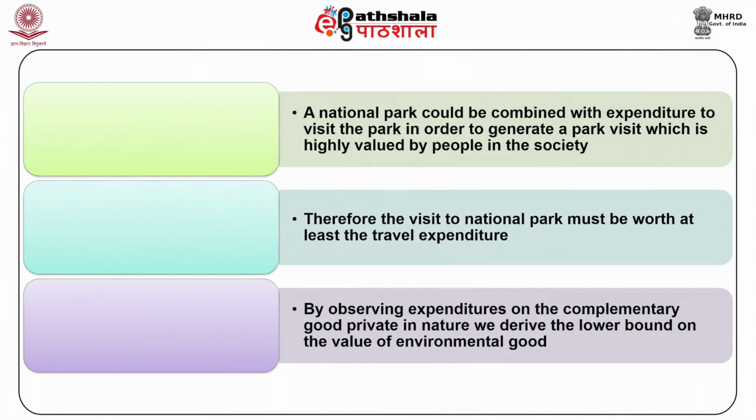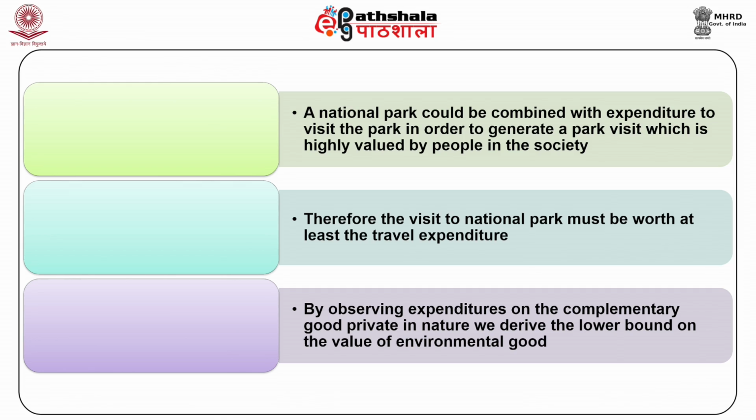A national park could be combined with expenditure to visit the park in order to generate a park visit which is highly valued by people in the society. Therefore, the visit to the national park must be worth at least the travel expenditure.